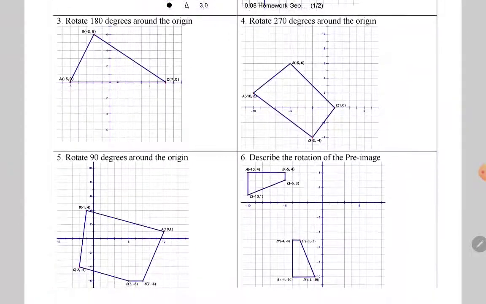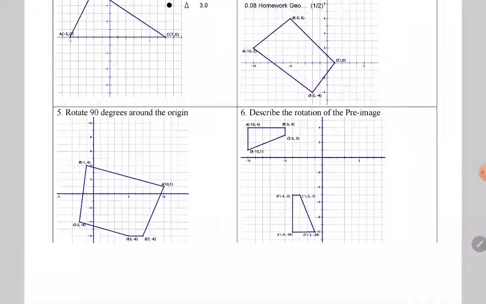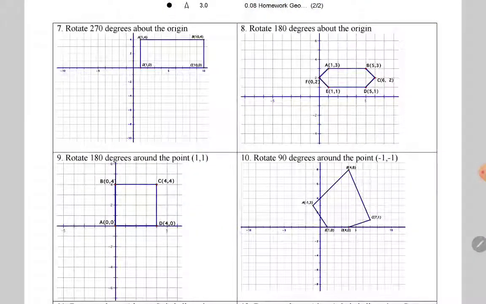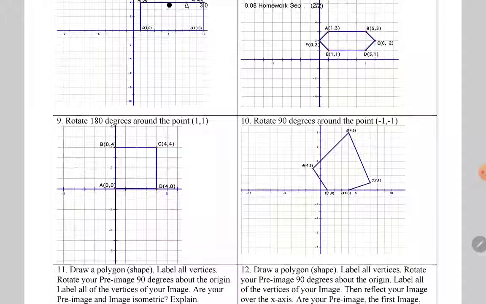Alright, let's find origin, pre-image. Here we go. -1, -1. So this is the point that we're going to rotate this object around. So I'm actually just going to make my new coordinate plane.